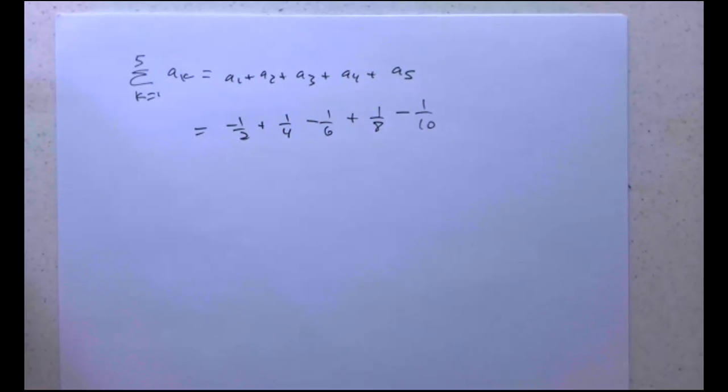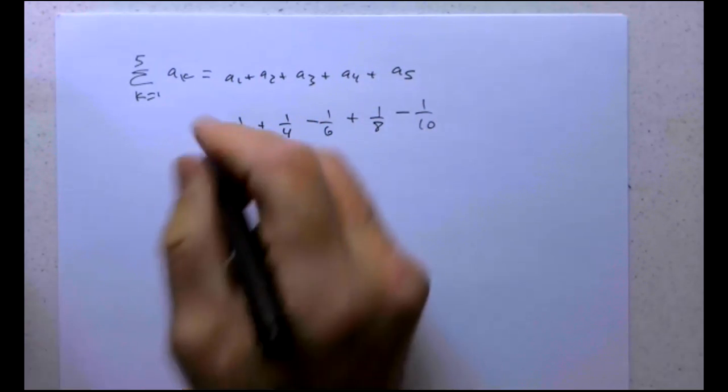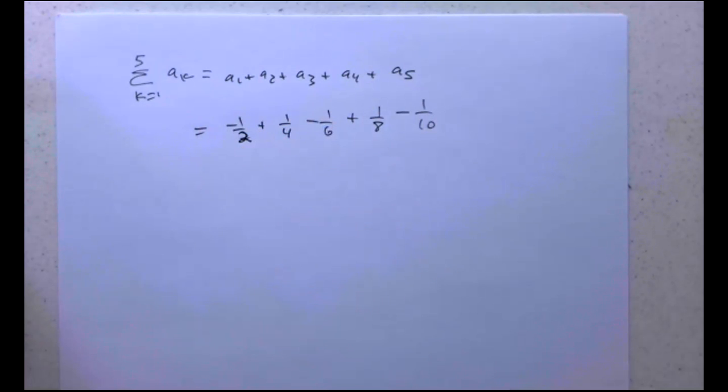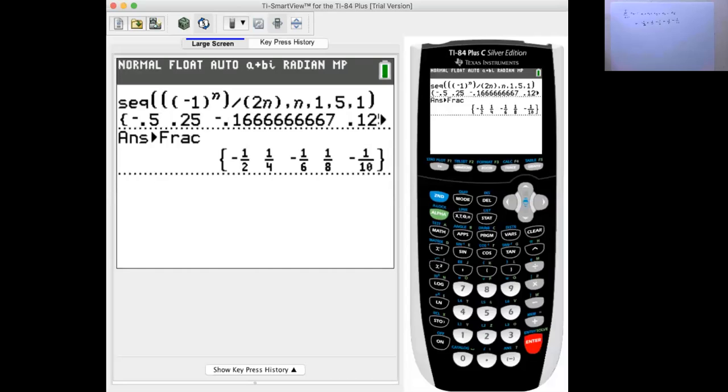So let's go to the calculator to do that. Make sure you see that's a 2, 1/2. So we'll quickly go to the calculator to do the computation and see what we get here. So -1/2, negative button is here, remember. -1/2 plus a quarter, minus a sixth, plus an eighth, minus 1/10.